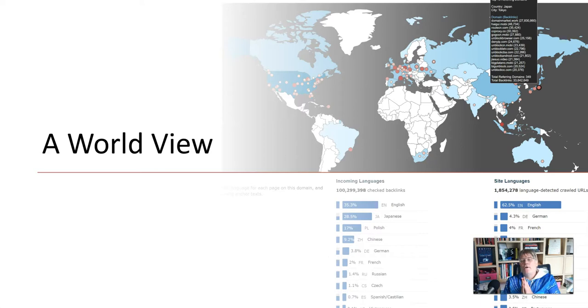But you can also use backlinks to have a look at where businesses, particularly large businesses, are being proactive. So you can see which countries or which languages are linking through to any particular website. You can either look at where they are geographically in the world, where the ISPs are based.